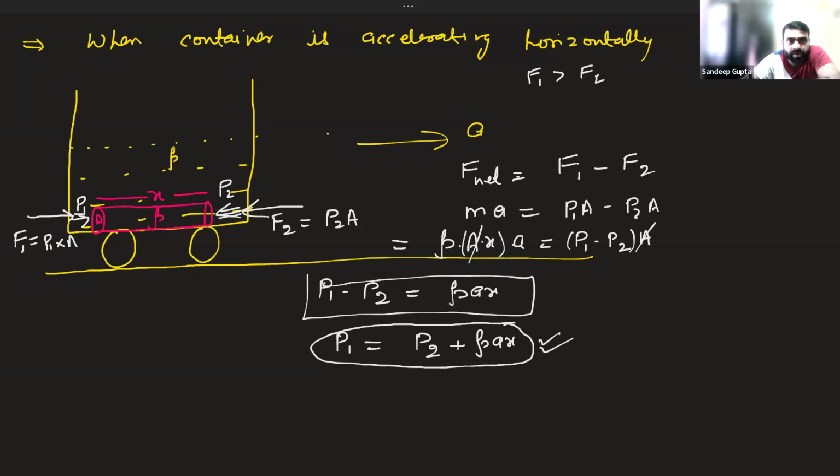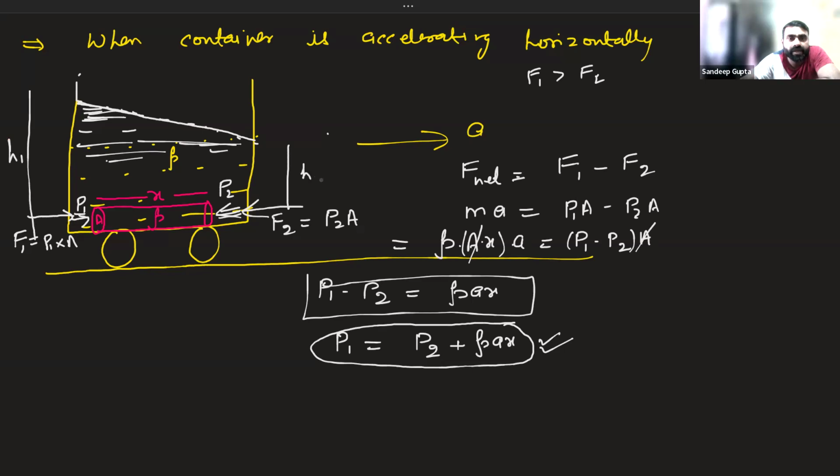So liquid will not remain horizontal. This side liquid will have more depth, and this side liquid will have less depth. So inside the container you will find the shape of the liquid is inclined. This side height will be more, and this side height will be less.